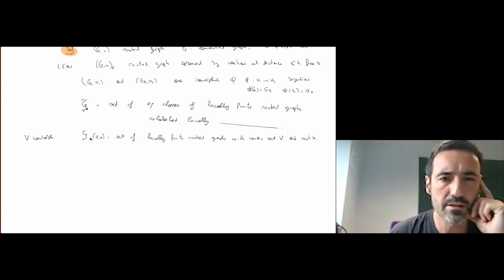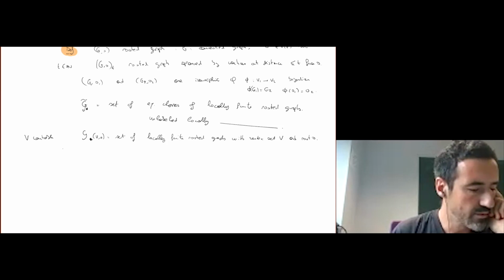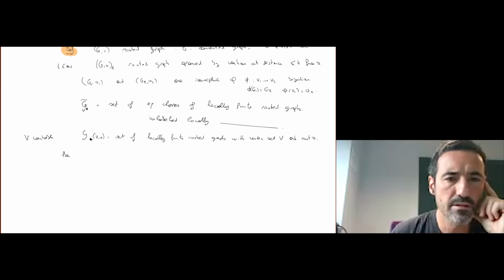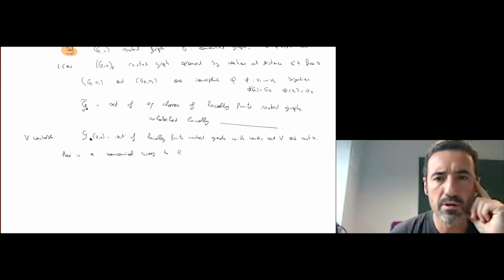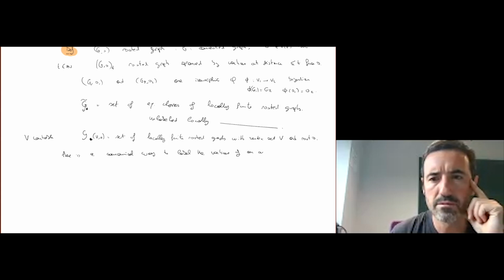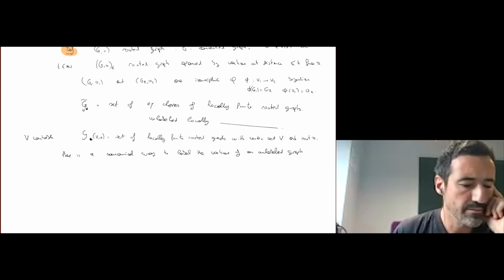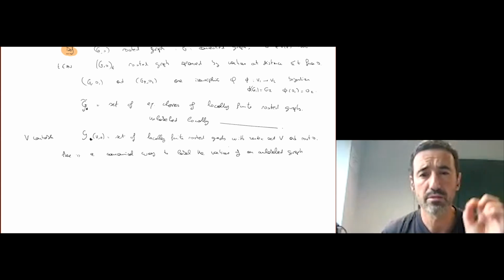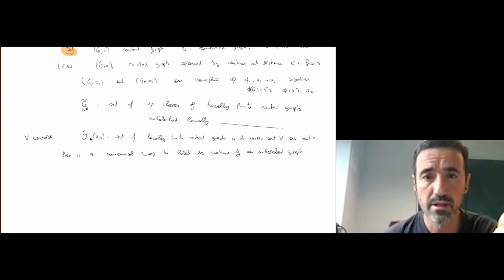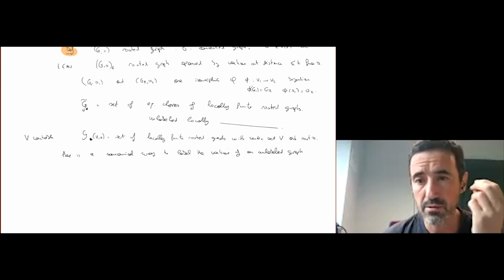So there is a canonical way to label the vertices of an unlabeled graph, meaning that there is a way to put labels on two rooted graphs in such a way that if they are isomorphic, they will receive the same labels.